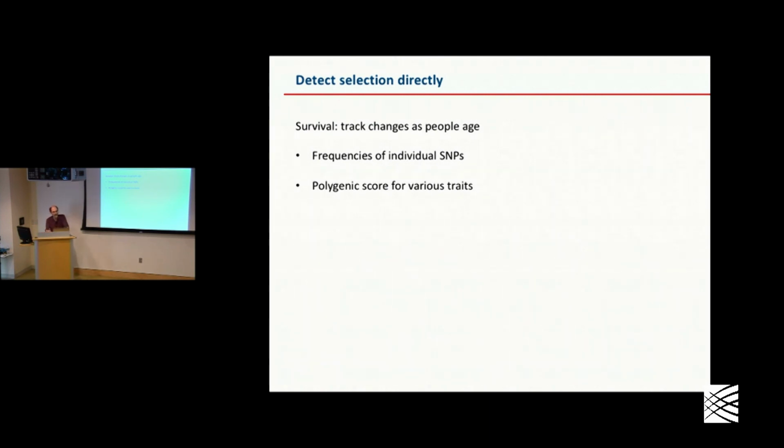And so the first thing you can do is look at changes in allele frequency as people age, what causes them to die, basically. And the things that are more protective go up in frequency with time. And you can do that either for individual SNPs or, again, for the polygenic score for a trait. You look for whether genetically influenced traits increase in frequency with age.